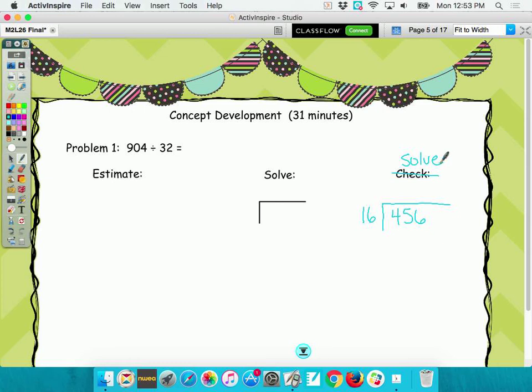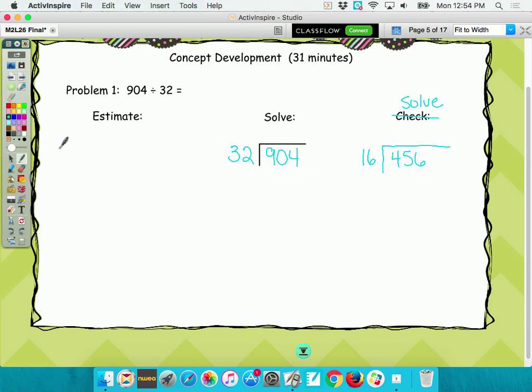That makes sense? Divided by 32. I made a mistake when I made this, and these really need to be on the same page so we can compare them. Basically that means we'll skip the next problem because we're doing it in this box. So let's take a look at it.